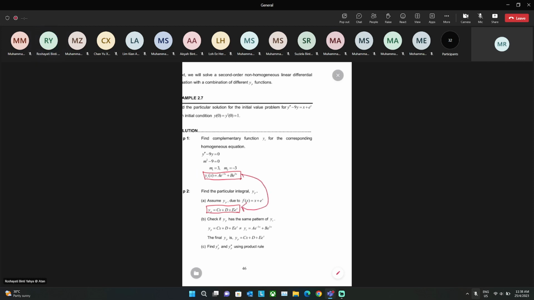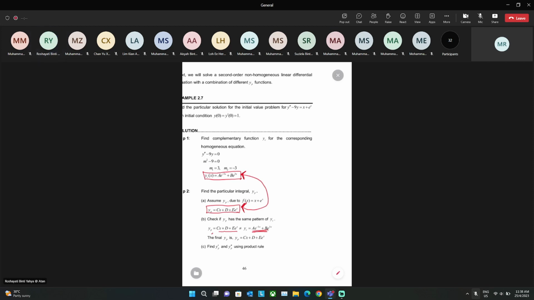You need to compare whether these two have a similar pattern or not. YP is cx plus d plus e exponential x, and YC is A exponential negative 3x plus B exponential 3x.